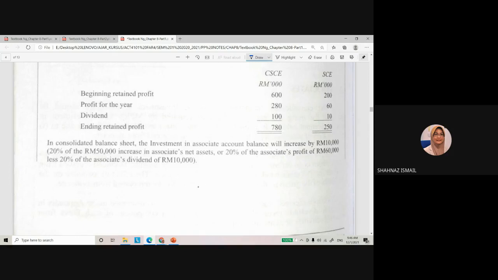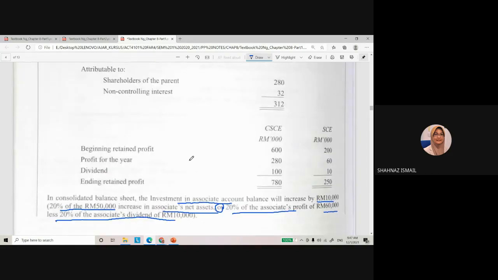Dia kata investment in associate account balance akan increase 10,000, iaitu 20% of the 50,000 increase in the associates net asset. Okay, ataupun dia kata 20% of associate profit, which is 60,000 less 20% of associates dividend. Okay, dekat sini ada dividend 10,000. Alright.